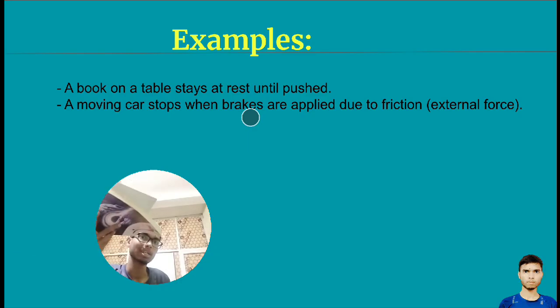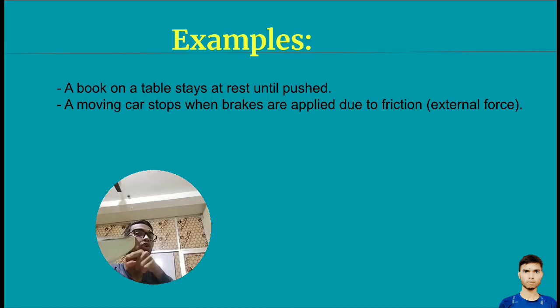Then it happened: this book was initially at rest, but now it is in front of you. It came here because I applied force. So can we say the position of this book was something else initially, but now the position of this book has changed.